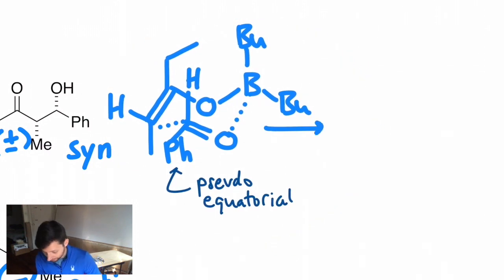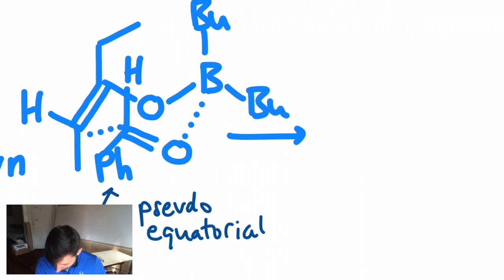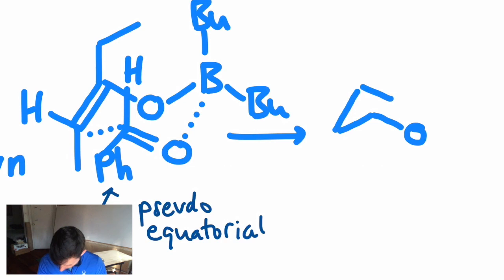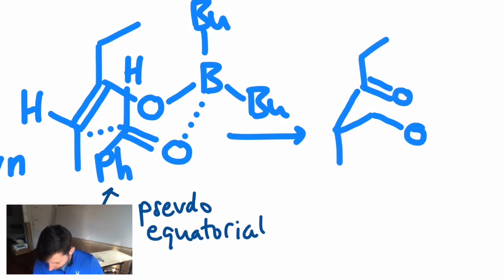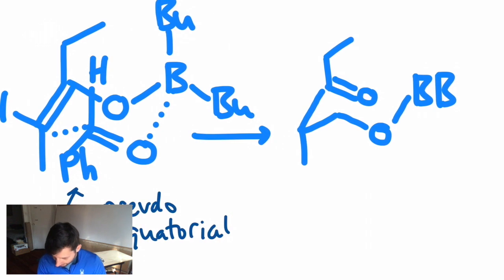Those dotted lines sort of already show me what I get. Draw everything the same and just change what's changed. Ethyl along for the ride, that methyl down there. It's actually a new boron-oxygen bond, isn't there? With these butyl groups still there. And then what else? My phenyl is right where it was.